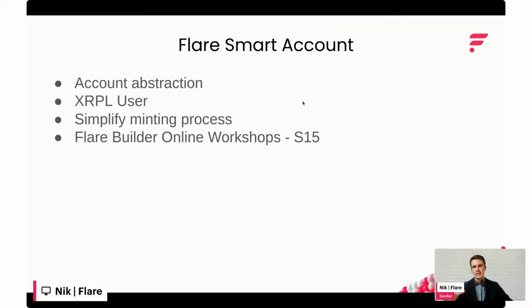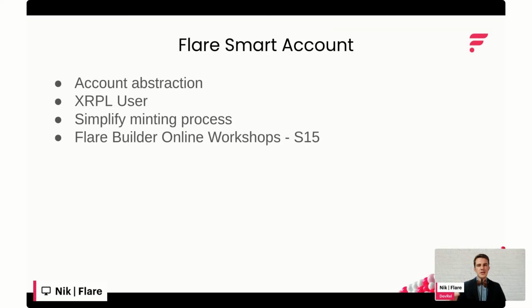How they work is each XRPL address gets assigned a so-called personal account contract on the Flare chain. A list of all the personal account contracts, or rather the mapper from XRPL addresses to the personal account contracts, is stored by the master account controller contract.